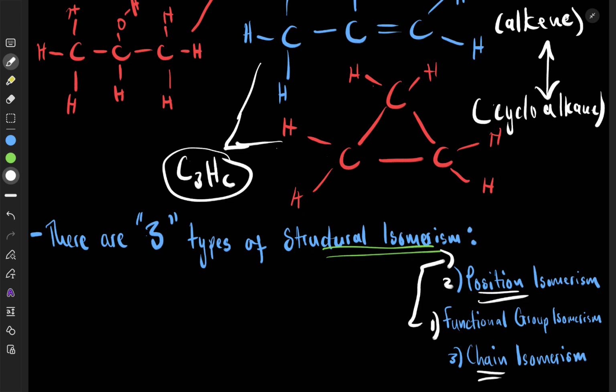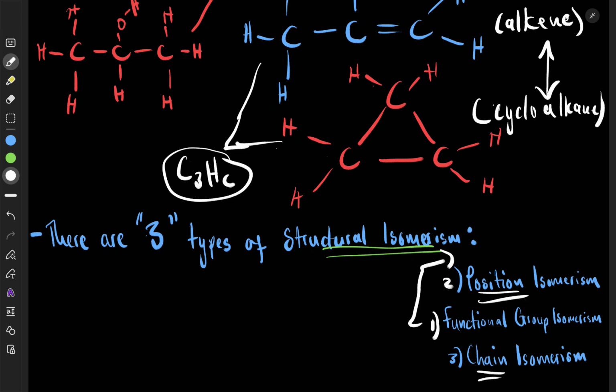So if it's an alkene, either the double bond could be on the first carbon or on the second or on the third, whatever. The position of the double bond is the one that changes, but both of them will be alkenes, and both of them will be having the same length of the chain. The chain will be the same length, but the position changes. That is for position isomerism.